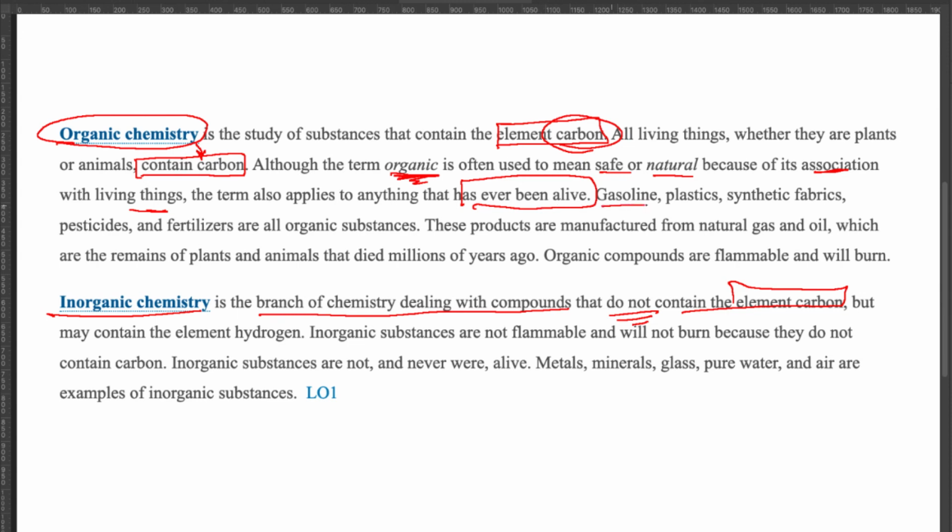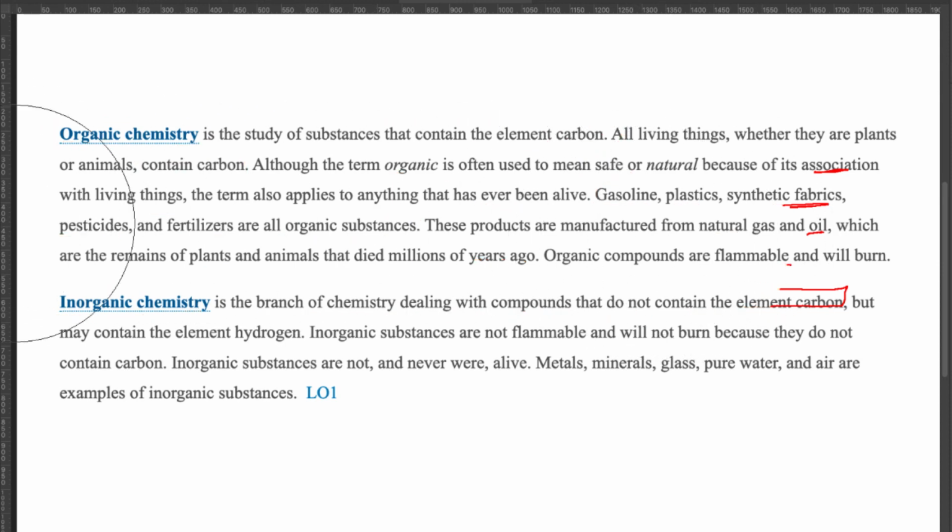So here's something: gasoline, plastics, synthetic fibers, pesticides, and fertilizers are all derived from living substances or once living substances, and for that reason they are called organic substances. These products are manufactured from natural gas and oil, which are remains of plants and animals that died millions of years ago. Organic compounds are flammable and will burn.